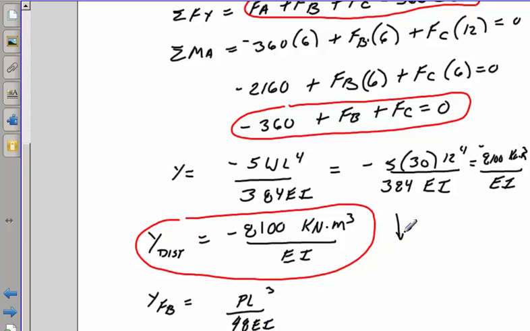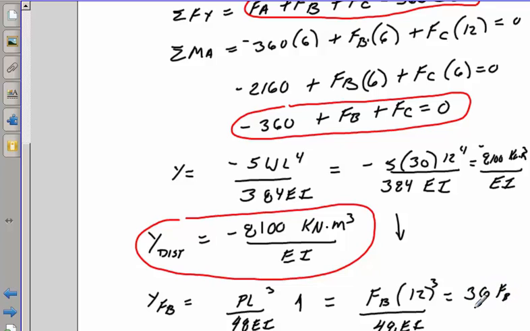Now let's do the arrows. This is going down, this is going to go back up. So we put P as being the force at B times the length, which here will be 12 cubed over 48 EI. That's going to give me a value of 36 FB over EI. Again, that's going up here.